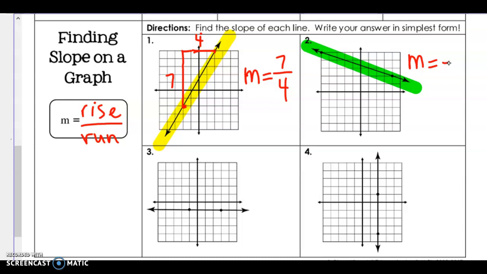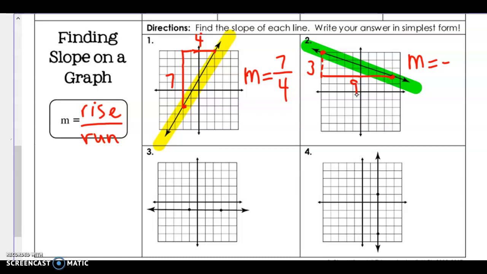Now you're going to do the same thing. I have a dot right here, and I also have a dot right here. It doesn't matter where you start. I'm just going to start from this far left dot, and I'm going to go down 1, 2, 3. So I went down 3, and then I went over 1, 2, 3, 4, 5, 6, 7, 8, 9.